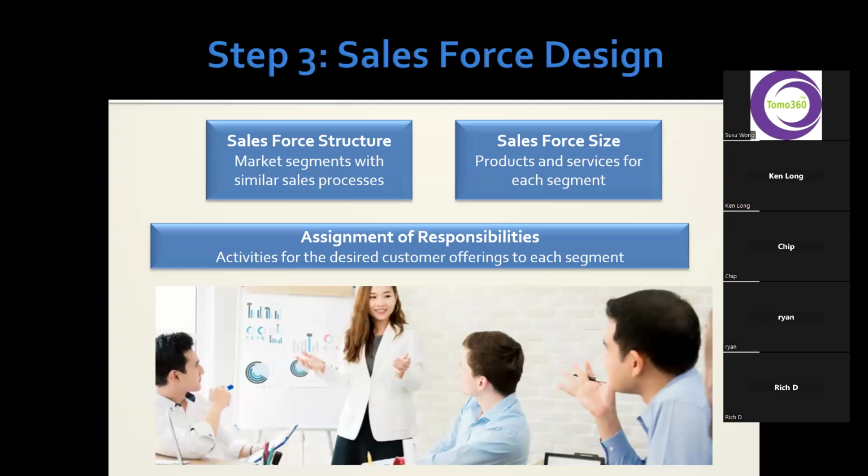For example, should you go distribution or should you go direct? In contract manufacturing, or manufacturing in general, they tend to go through distribution or sales agencies.